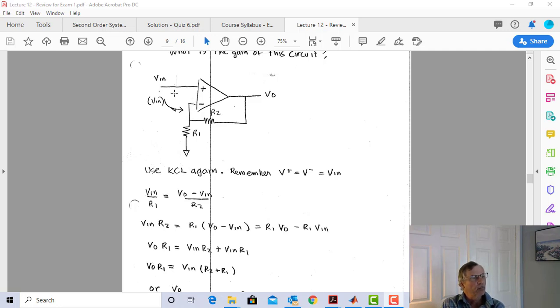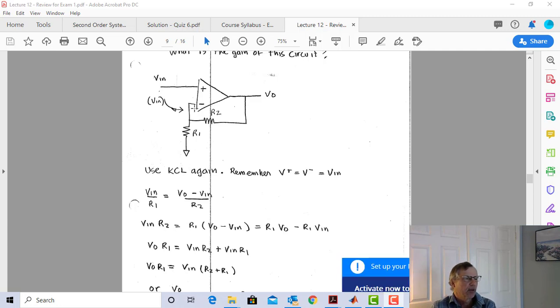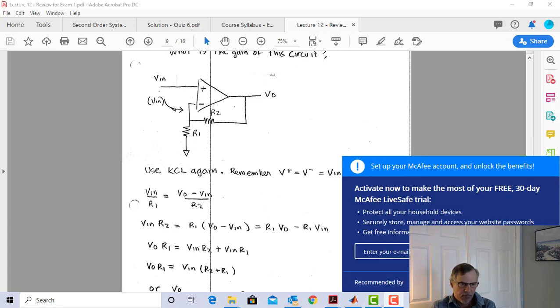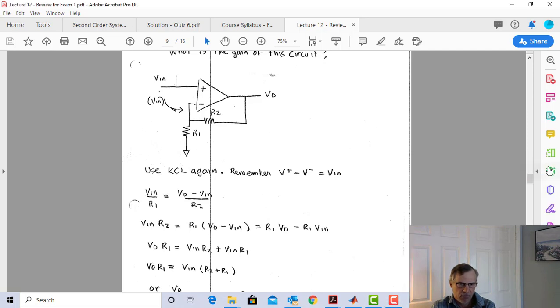So what do I know? I know that I have Vin right here, and from the Vin here, I know this current is going to have to be equal to this current because there's no current going this way, so I can get Vo. But that was a lot of words. Let's write an equation. Vin divided by R1, because remember, this is Vin because there's no voltage here.